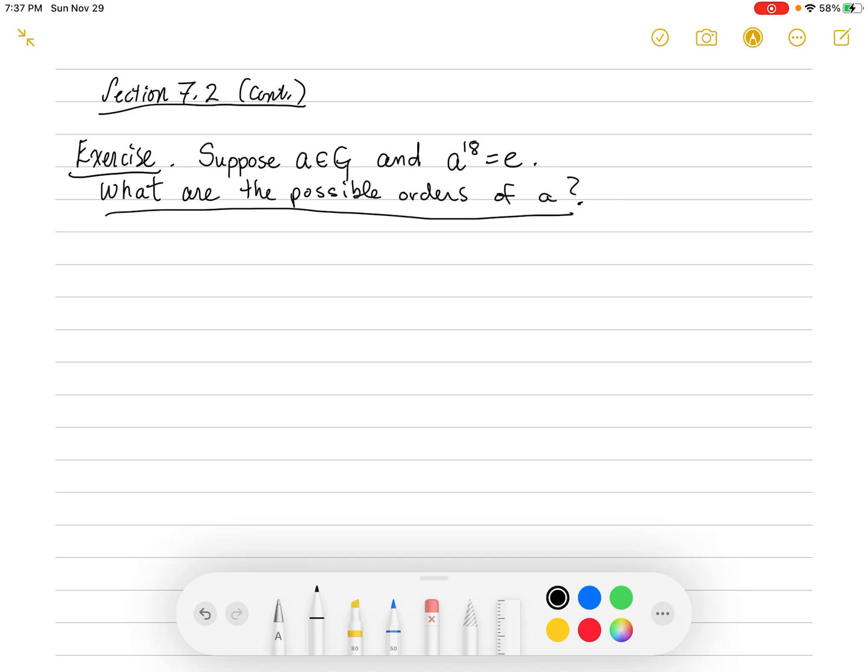Now, theorem 7.9 says that the order has to divide any power of A that gives you the identity. So the order of A must divide 18. So let me write that. This is by theorem 7.9.